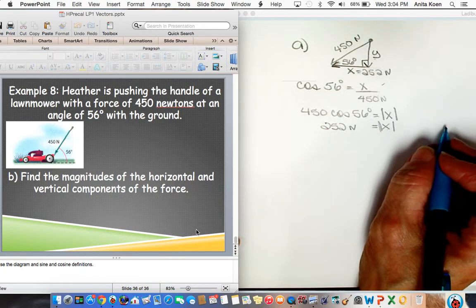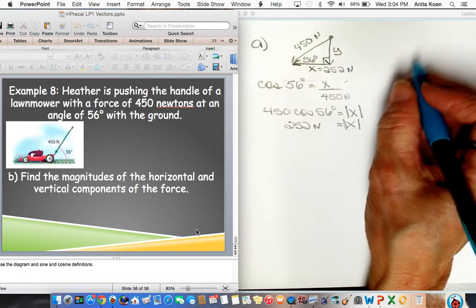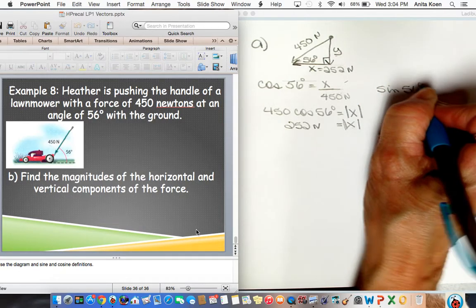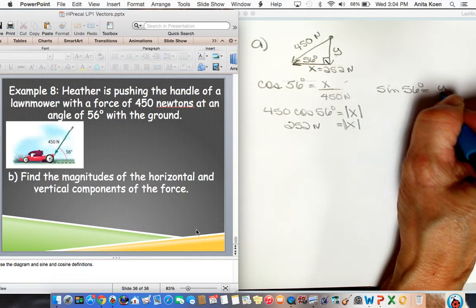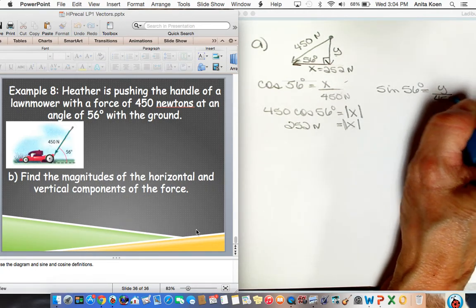Okay, then when I do Y, I'm going to slide this way just a little bit. Y is the opposite over the hypotenuse, so that's the sine of 56 is equal to Y over 450 newtons.